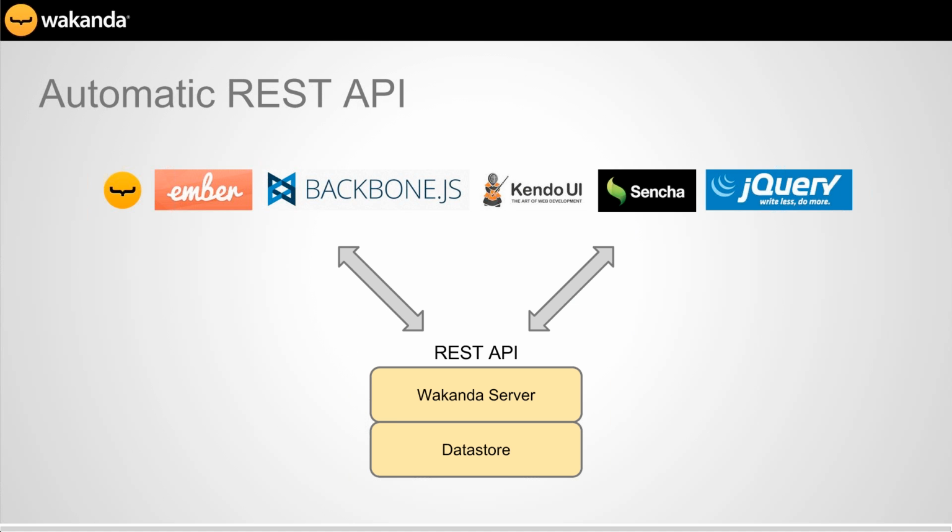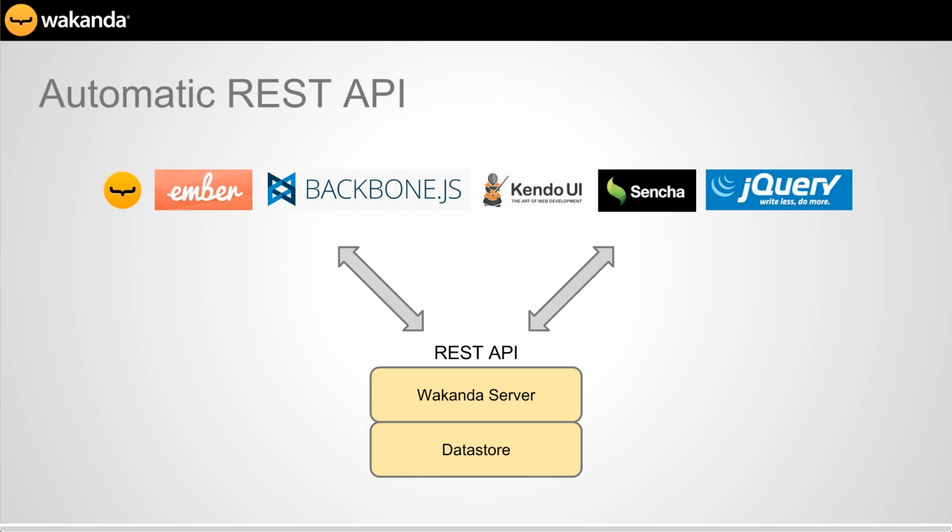As I said, when you're building a Wakanda data model, you're automatically getting a REST interface. You can turn it off, but a lot of people find it useful. Remember, all of your permissions and authentication rules also apply to this REST API.